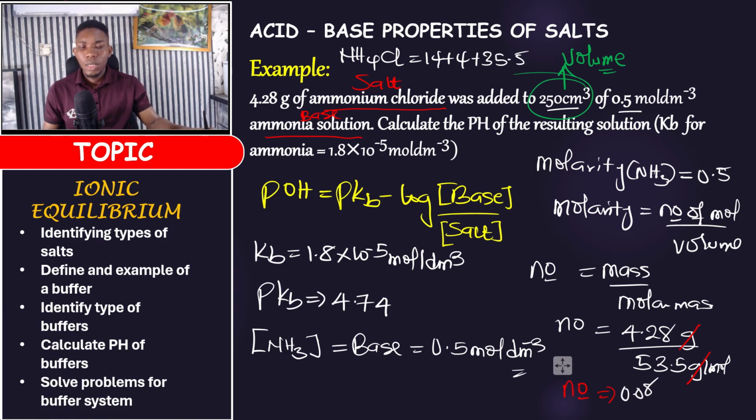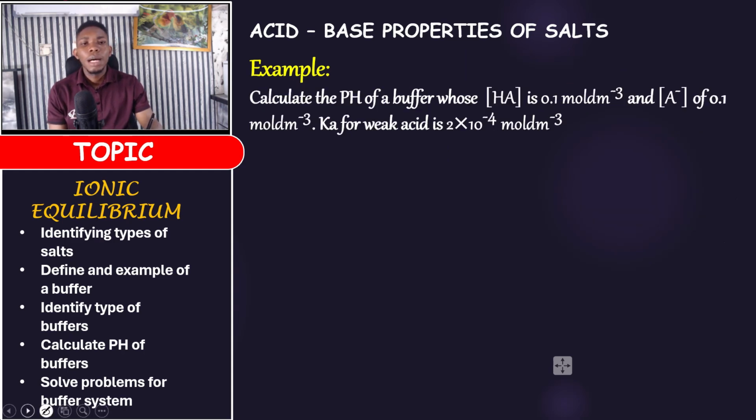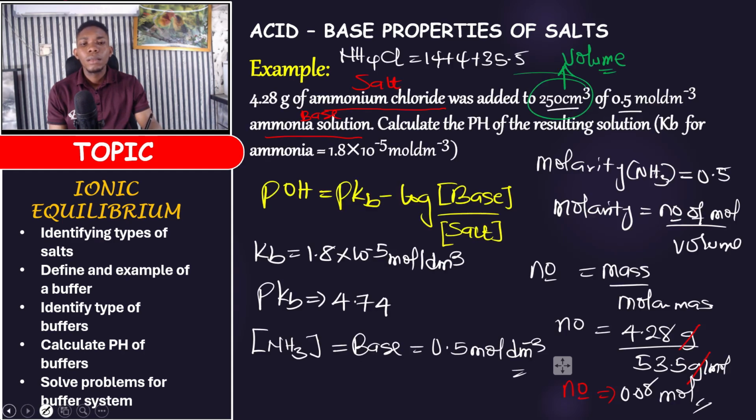So that will give us 0.08 mole as the number of moles of ammonium chloride. Sorry about that, there's not enough space for us to continue.